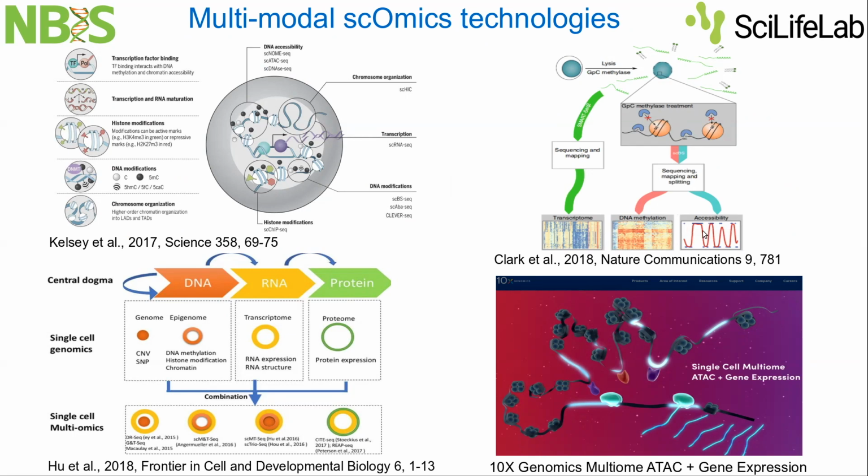But it still, as far as I know, delivers only a couple of hundred cells, which is not a challenge for computational analysis, basically. And then 10x Multiome, providing gene expression and ATAC-seq information from the same cells, is probably one of the best examples of a really high throughput multi-omics technology.